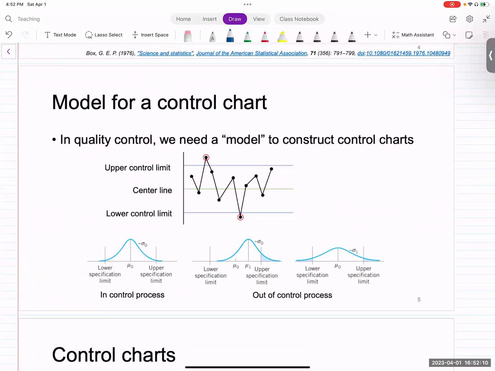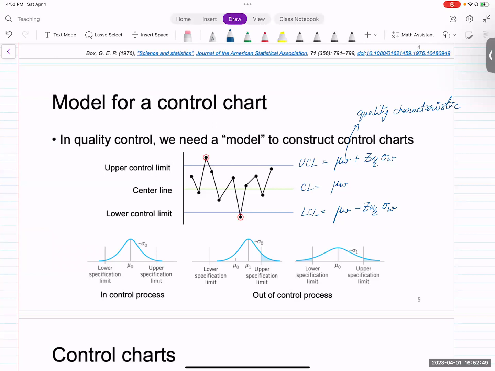So what we saw in chapter number 4 is that a general model for a control chart usually has a UCL, upper control limit, which is equal to mu of W plus Z alpha over 2 sigma of W. Center line is just mu of W, and LCL is mu of W minus Z alpha over 2 sigma of W. And then this W is your quality characteristic.